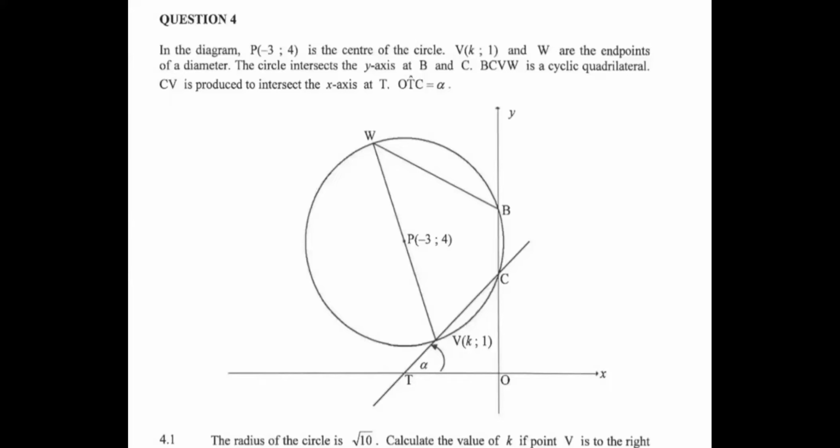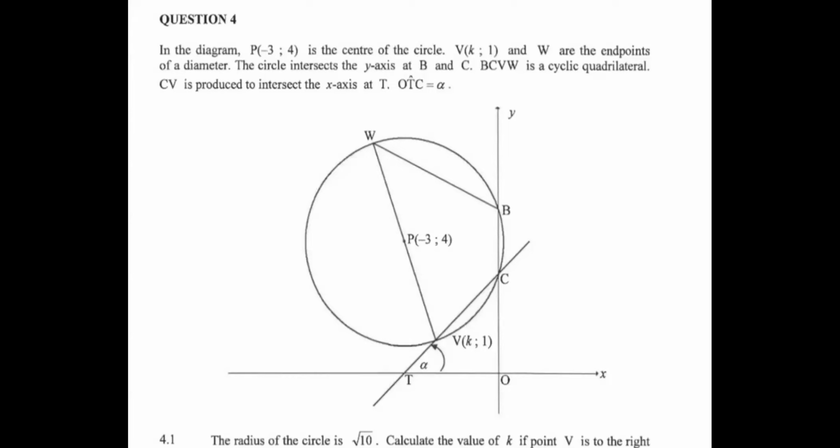Okay, so the question on top reads, in the diagram, P is the center of the circle. V, whose coordinates are (k, 1), and W are the endpoints of the diameter of the circle. The circle intersects the y-axis at B and C, so there are two y-intercepts.